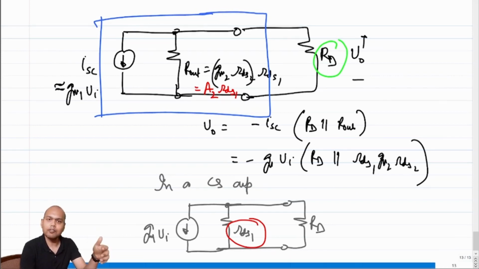This readily gives you a first hand example of the use of a current buffer in a practical circuit.